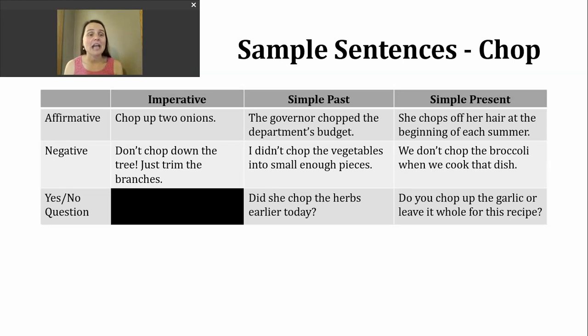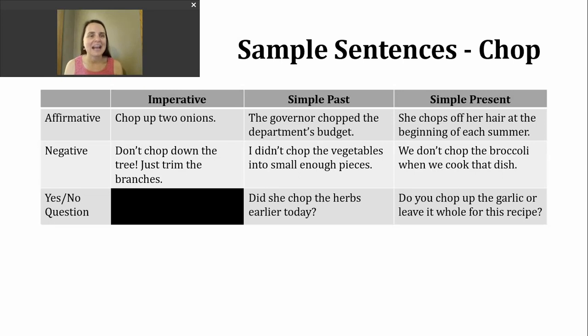Next, let's look at simple past. In the affirmative, we're going to use the ed form of this verb. Here's an example of that. The governor chopped the department's budget. This sentence is an example of that second definition we looked at earlier, reducing the size of something.